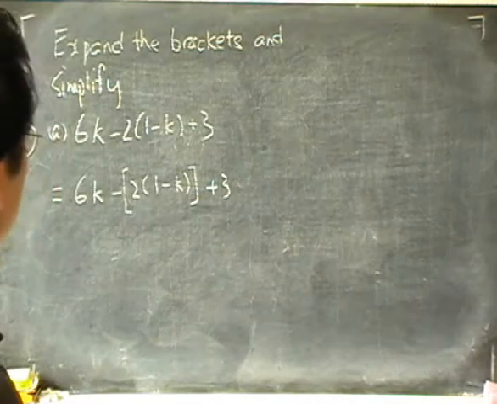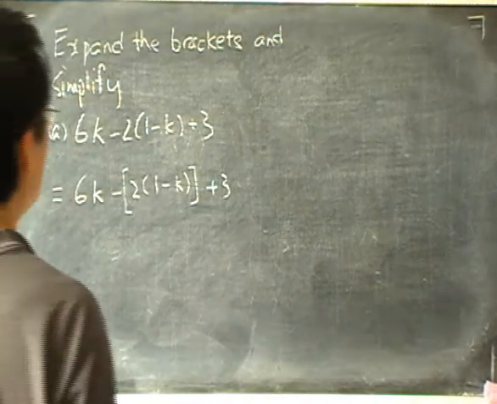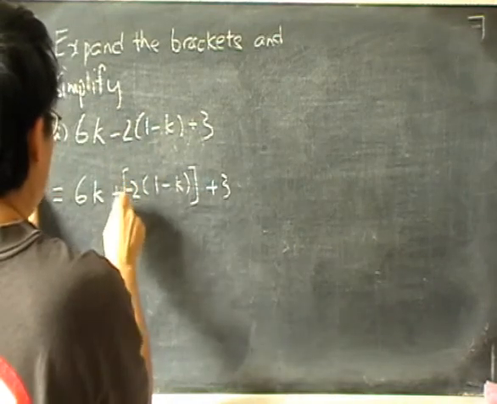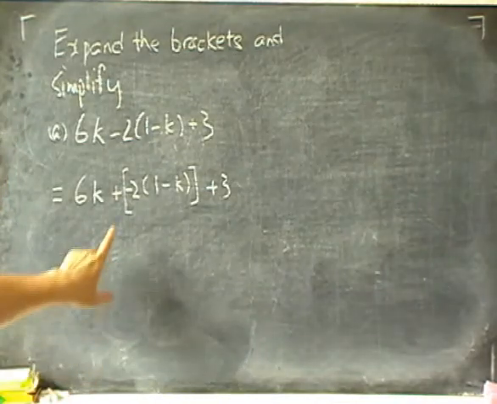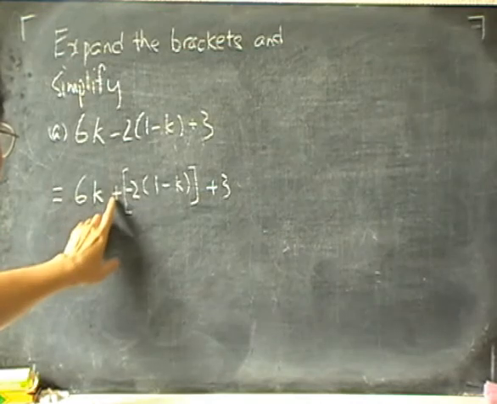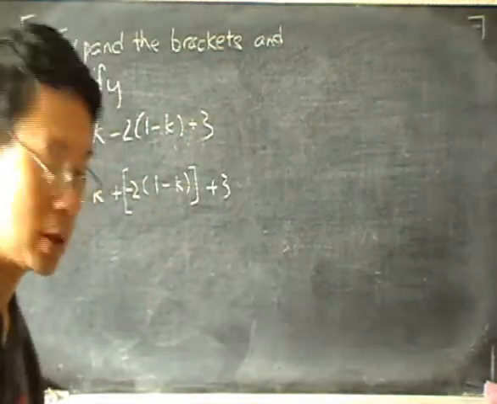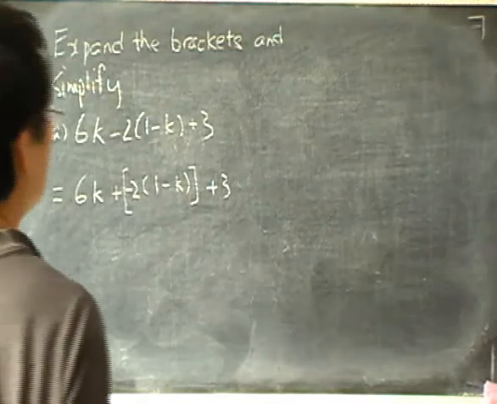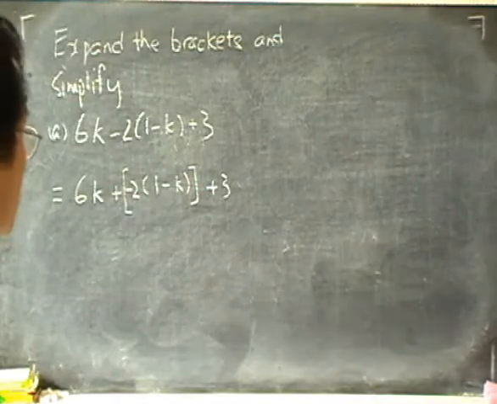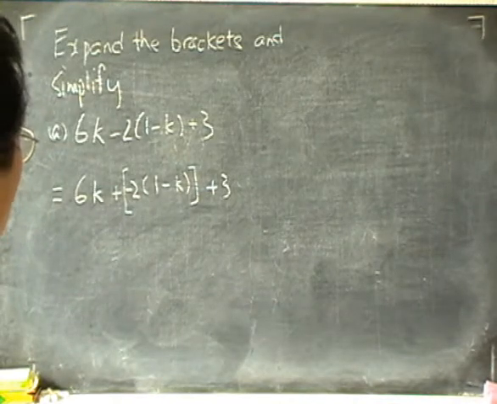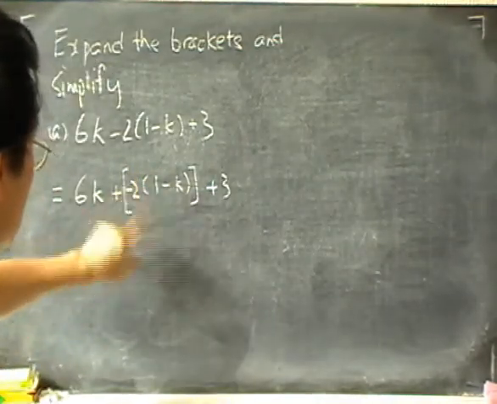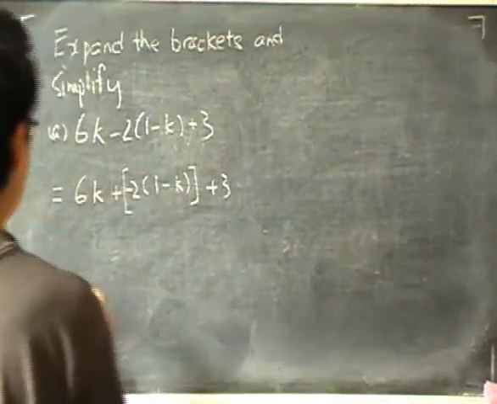Let me put the whole of the minus 2 into this big bracket so that on the outside I have a plus. So think of this as 6k plus the whole lot, including the minus sign. So I've put this thing safely into the bracket, and I can now concentrate on removing the bracket of this thing inside the bigger bracket.